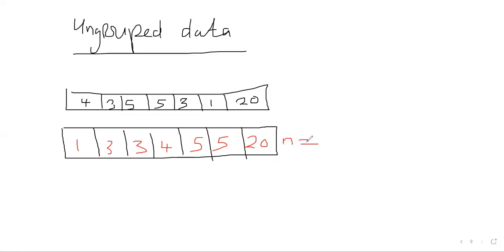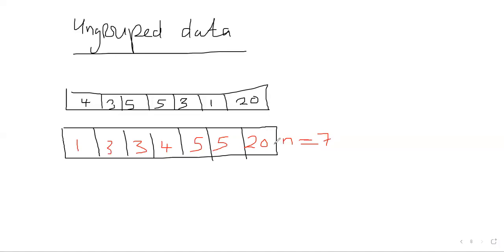So our n, how many observations are there? 1, 2, 3, 4, 5, 6, 7. So we have 7.